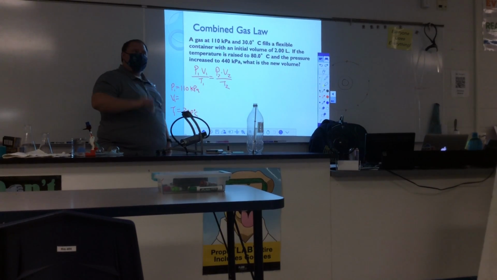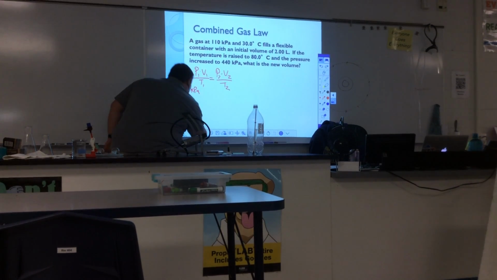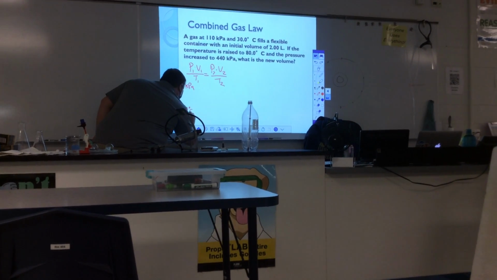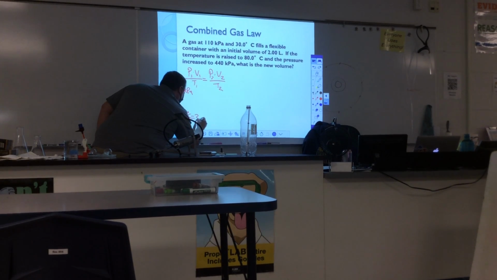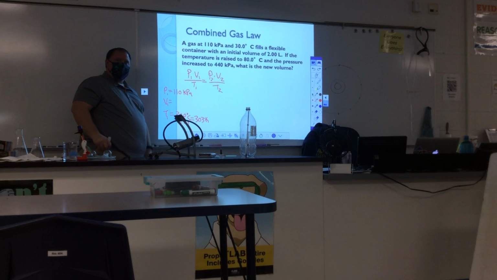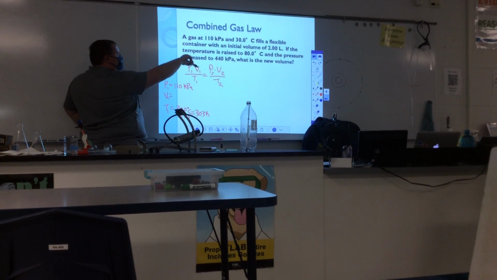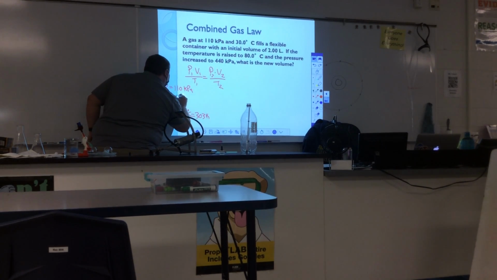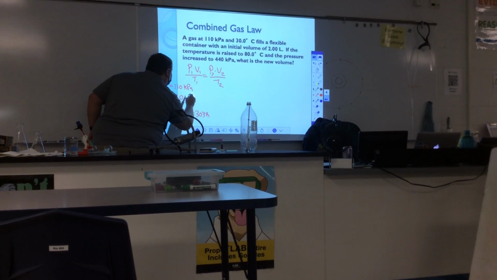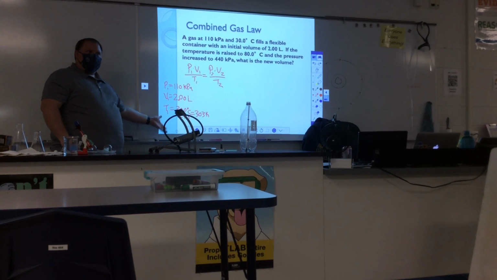Now, that's in Celsius. We got to change that to Kelvin, right? So add 273. That is 303 Kelvin. Fills a flexible container with an initial volume of 2.0 liters. That's V1, 2.00 liters. So those are all my initials.